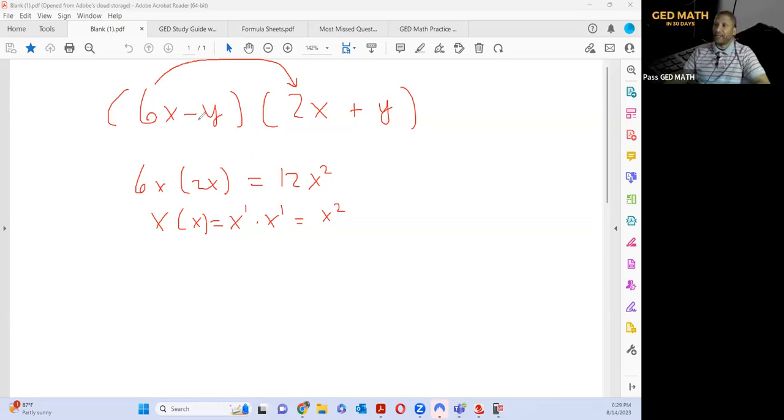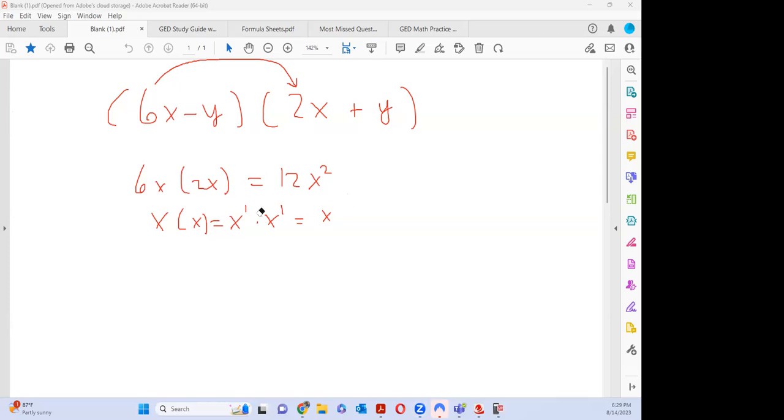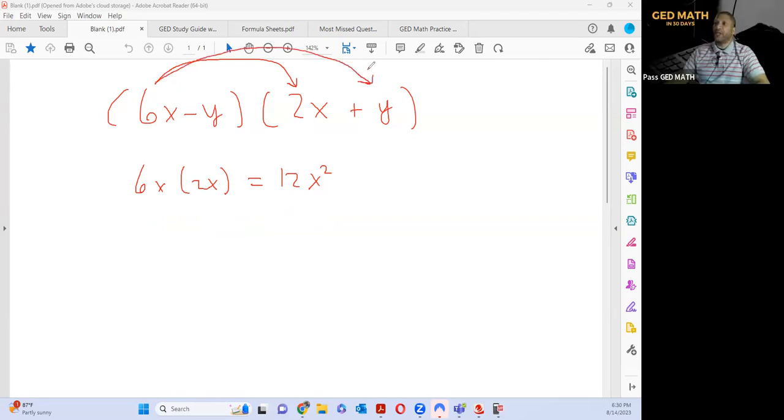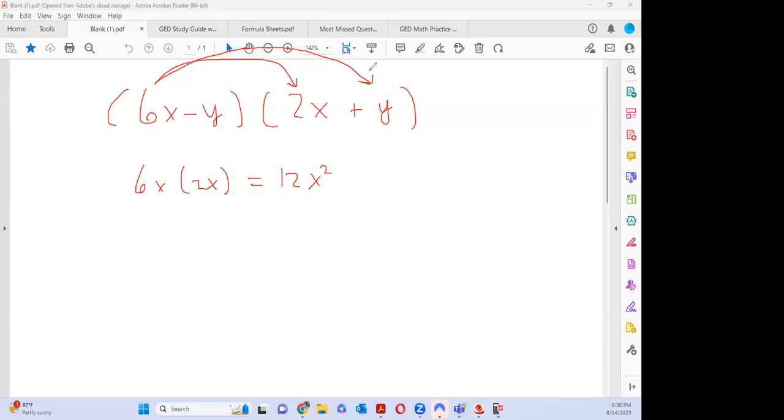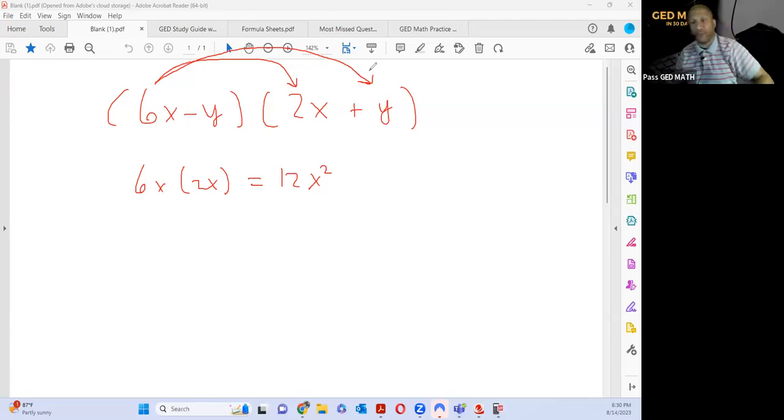So 6x times 2x is 12x squared. What's our next step? Oh, 6x times y, because you're multiplying that first term by everything in the second parentheses.